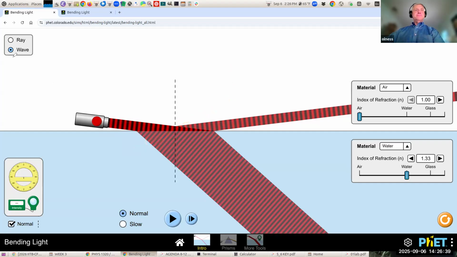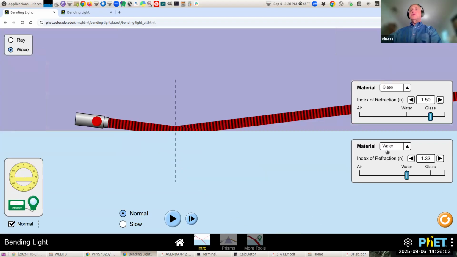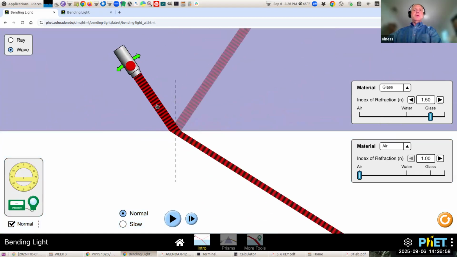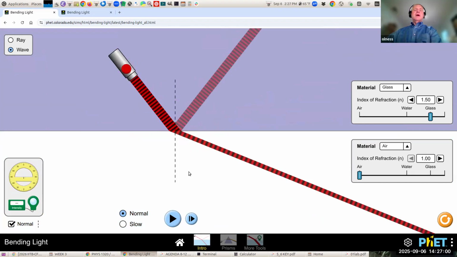So that's essentially refraction. And it simply comes about because of the different wave speed in the different materials. Let me switch it back the other way. Let me do glass here and air here. And now you see, instead of bending away, it's actually bending less when I go the other way.